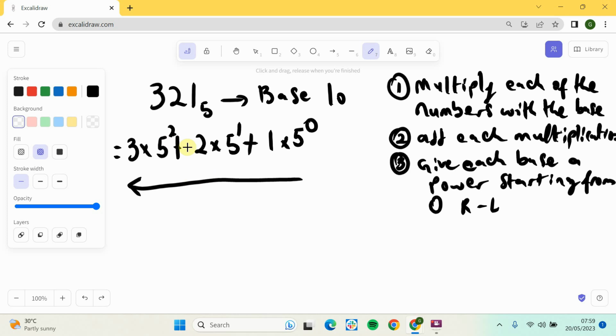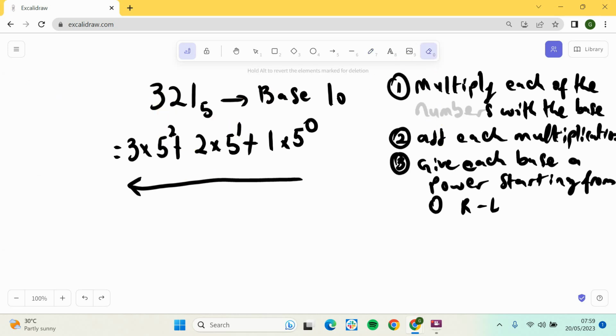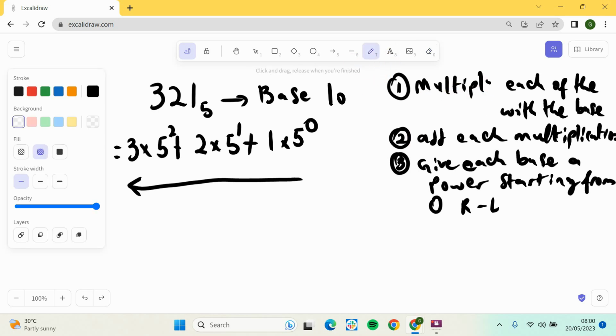So what did we do? We multiplied each digit. Let me correct this: instead of saying numbers, I'll say multiply each of the digits with the base. We started with 3 times 5, 2 times 5, 1 times 5. Then we added each of the multiplications together.